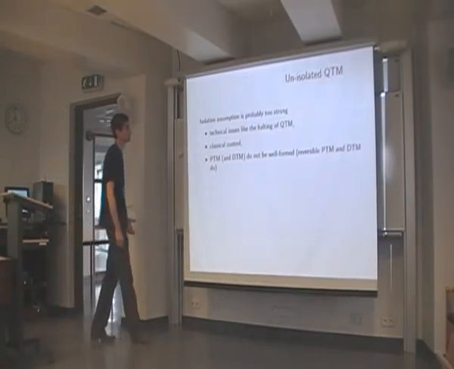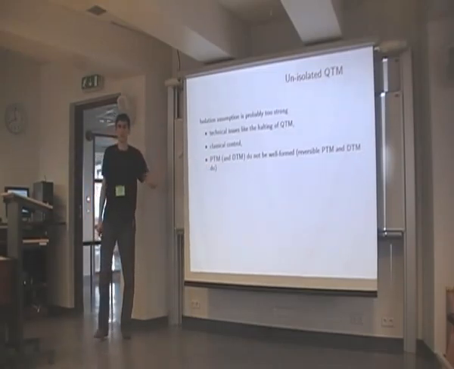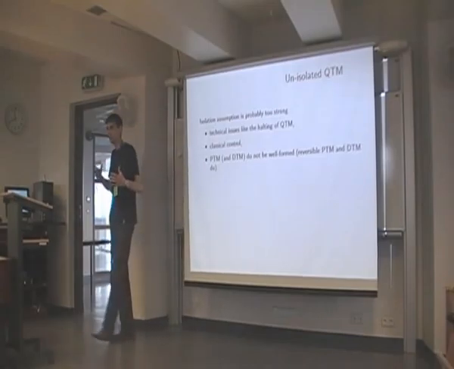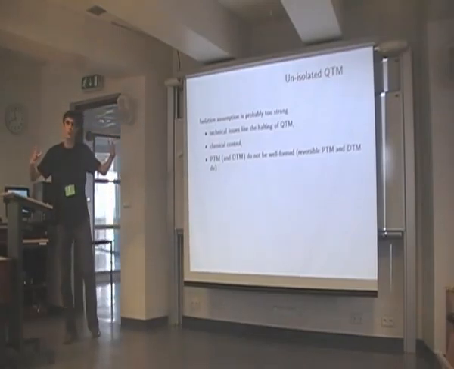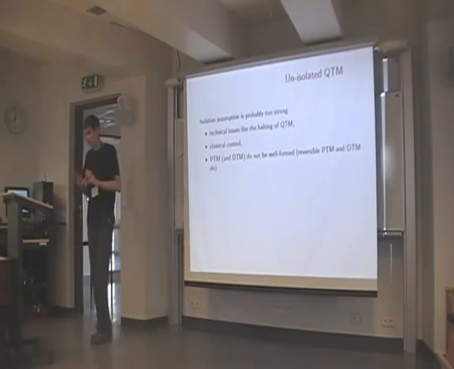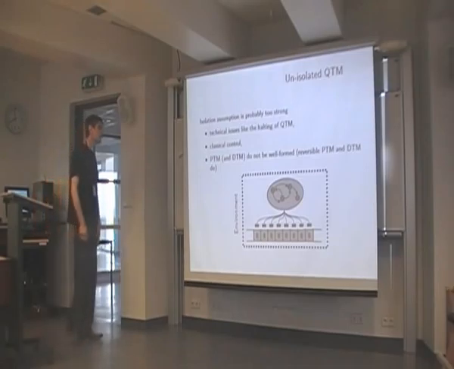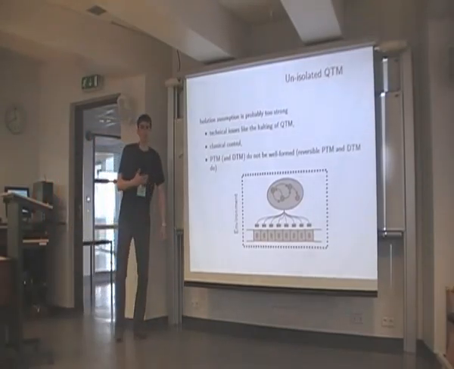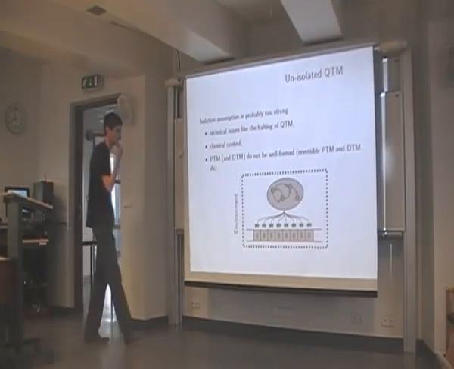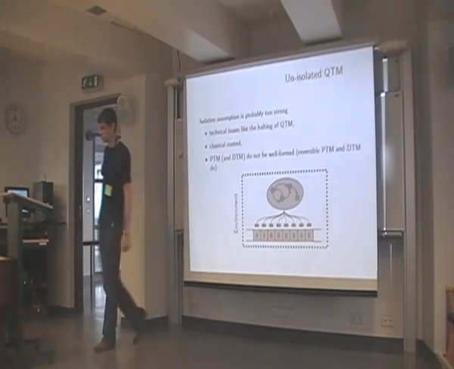As a consequence, if you just take your favorite probabilistic or deterministic Turing machine, this machine will not be well-formed. So with the quantum Turing machine, we expect to have a very general model, but it turns out that it's just a special model of reversible quantum computation. So the idea is: what happens if we consider that the machine is not isolated during the computation, if there are some interactions between the environment and the quantum Turing machine?